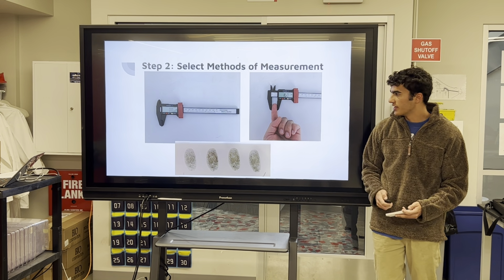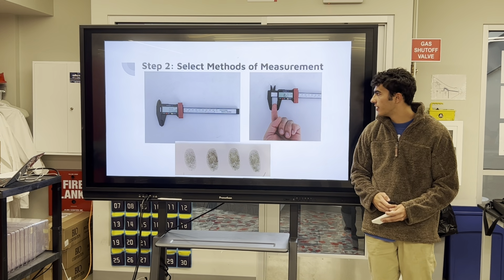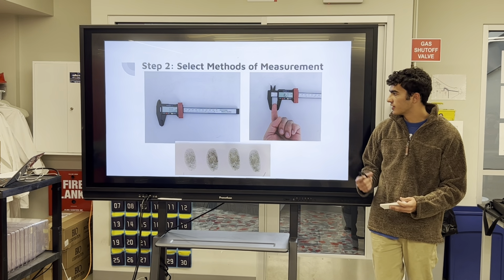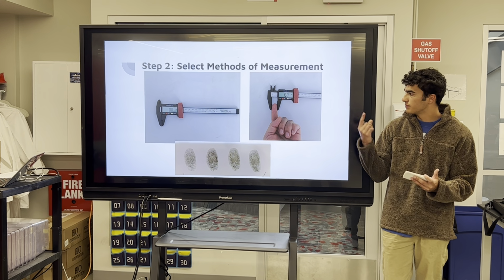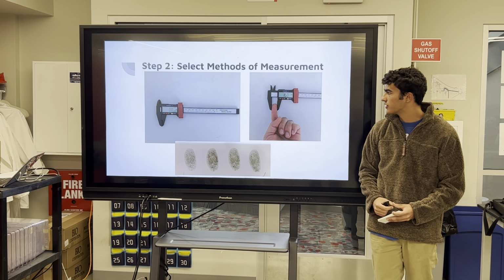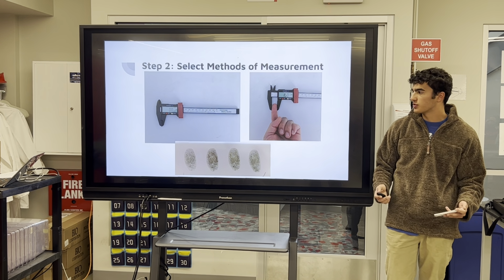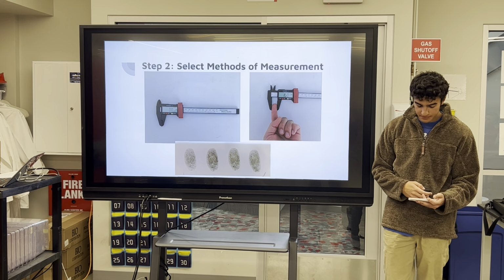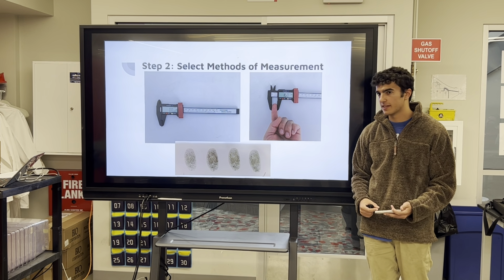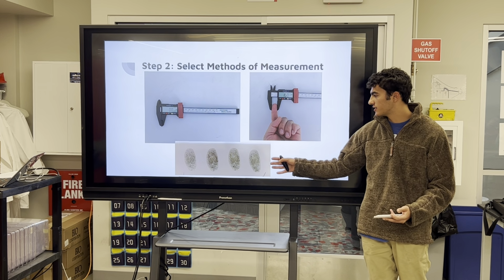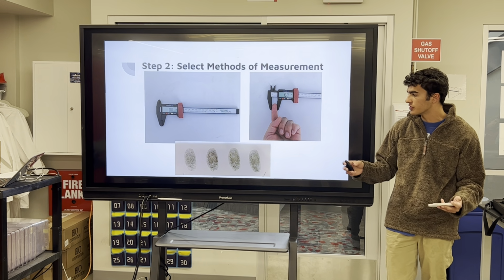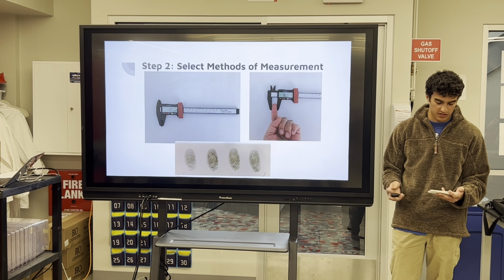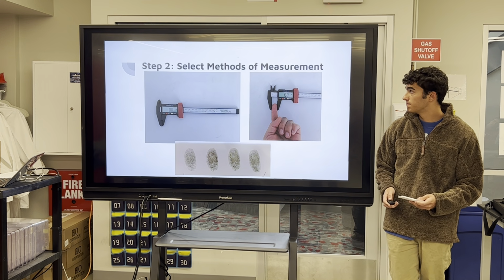So what you see on the screen is an electronic digital caliper, and that's what I use to measure the width of people's fingers by pinching their finger between these 2 prongs, and it's a very precise way of doing things, so that's what I found to be most effective. But as an alternative method to that, I also had subjects take down 4 fingerprints of which I measured the width and averaged it out as an alternative way of obtaining measurements.